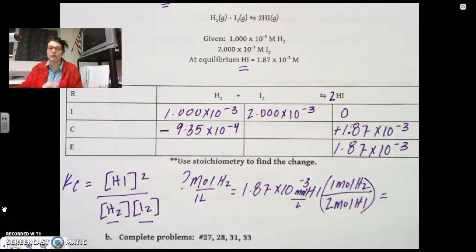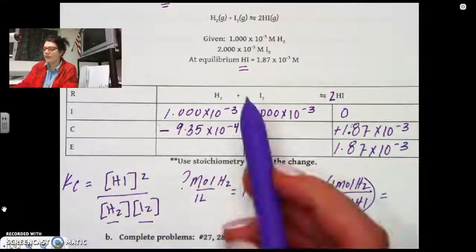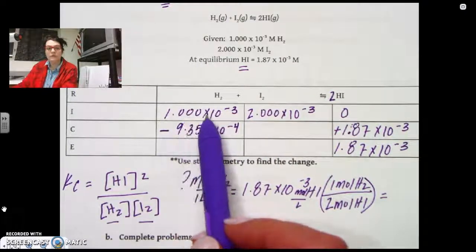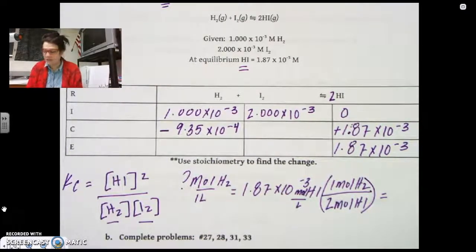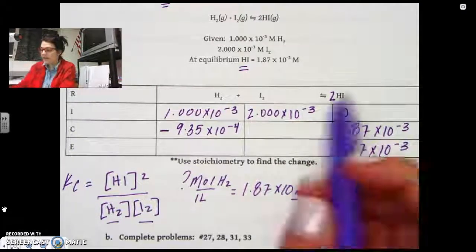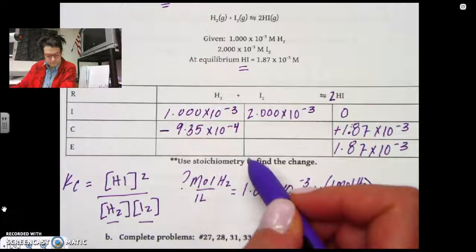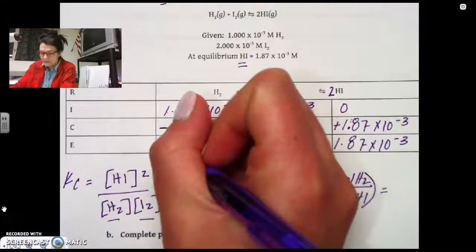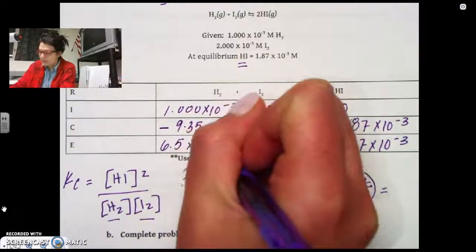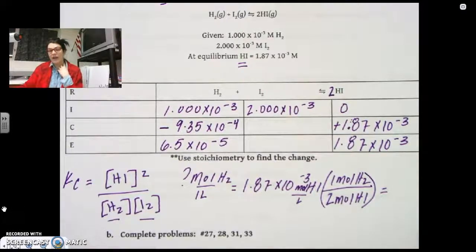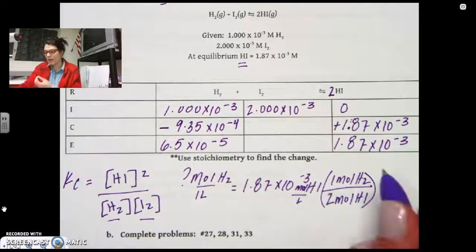That's not what I have at equilibrium. What I have at equilibrium is this 1.00 times 10 to the negative third minus the 9.35 times 10 to the negative fourth. So if I do that math, what I have at equilibrium is 6.5 times 10 to the negative fifth. Okay, and that makes sense because I'm losing H2 to make HI.